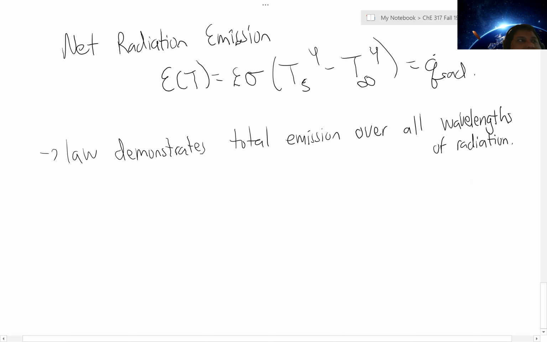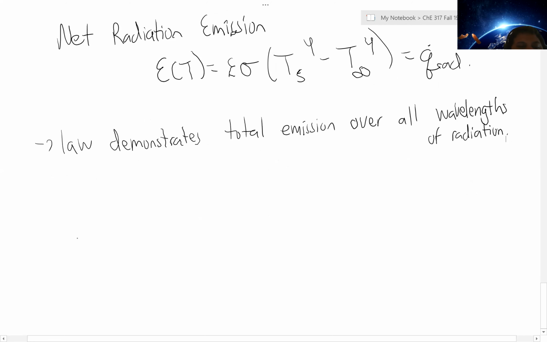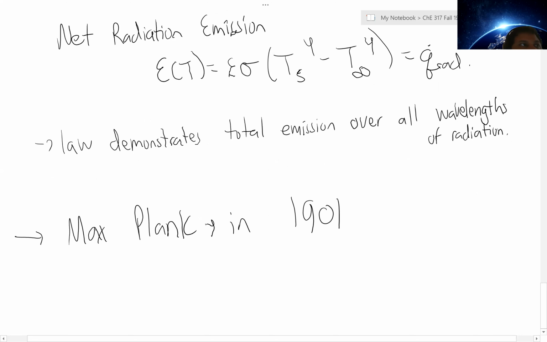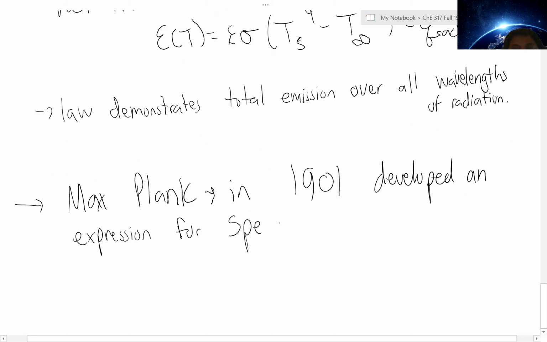And for that, we have to turn once again to our friend, old Max Planck, who in 1901 developed an expression for what we call spectral black body emissive power.